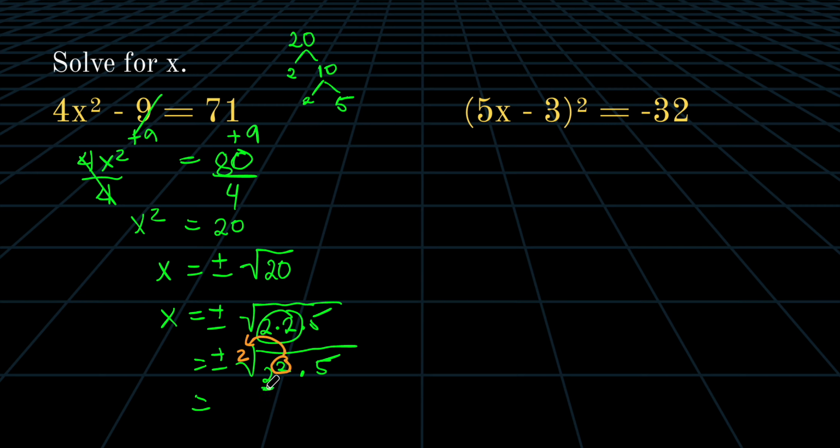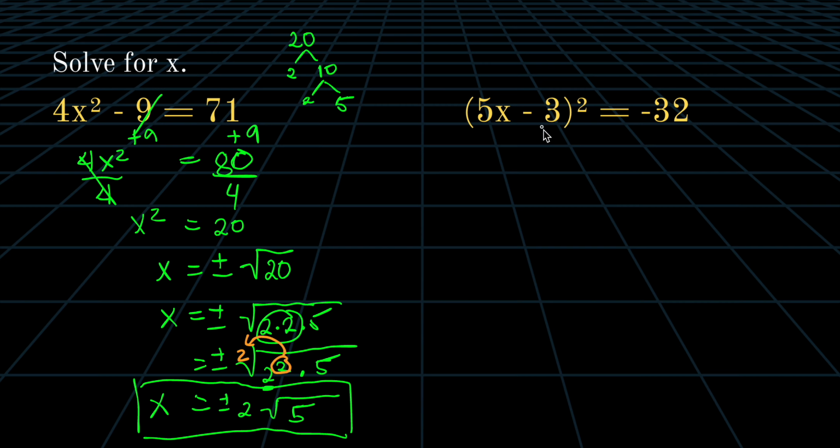So basically, we can write the 2 outside of our radical symbol. Okay? And 2 divided by 2, that is going to be 1. So that will leave us a radical number that is 5. Okay, so the final answer would be x equals plus or minus 2 square root of 5.